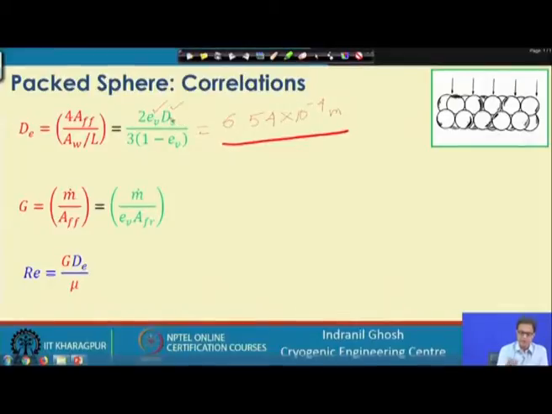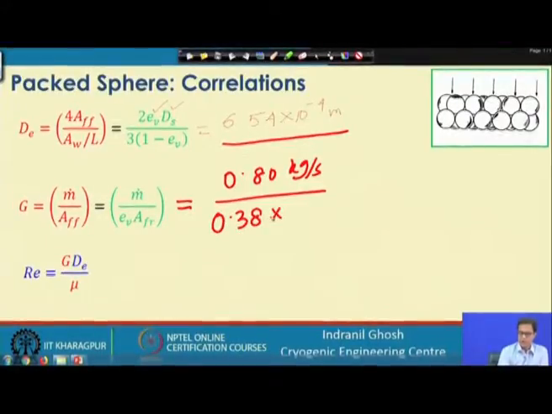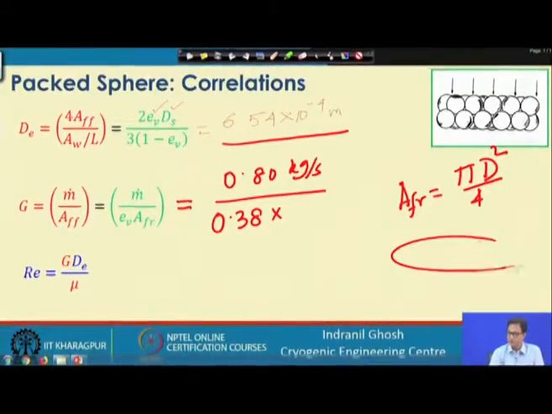Once we know the equivalent diameter, we come to the mass velocity part, where the mass flow rate is 0.80 kg per second. Then we have the porosity, which has been given as 0.38, and the frontal area, which is obviously pi d square by 4. This is like a tube which is filled with these spheres, and the frontal area is this surface area.